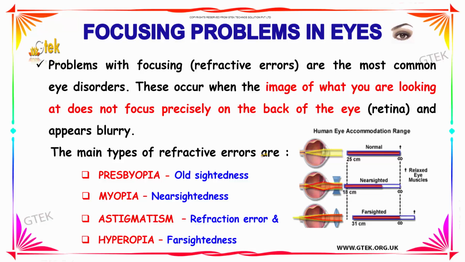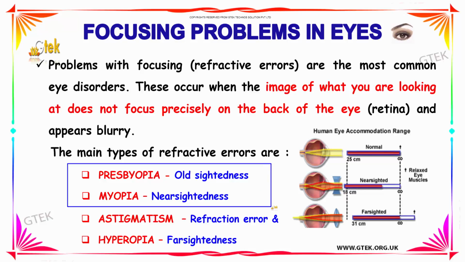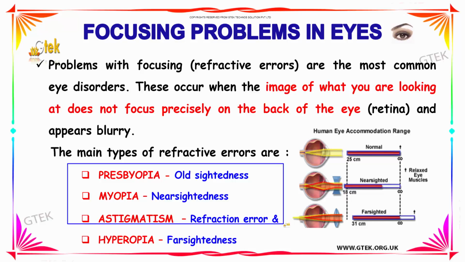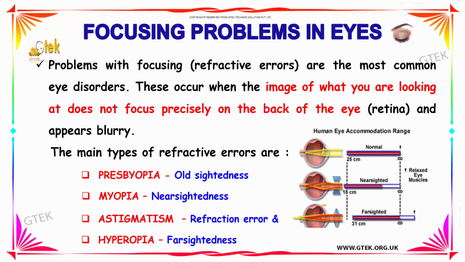If your image appears blurry, then your eye suffers from one of the focusing problems, which includes presbyopia, which is nothing but old-sightedness, myopia, that is nearsightedness, astigmatism, refraction error, and hyperopia, that is farsightedness. So these are the main types of refractive errors.